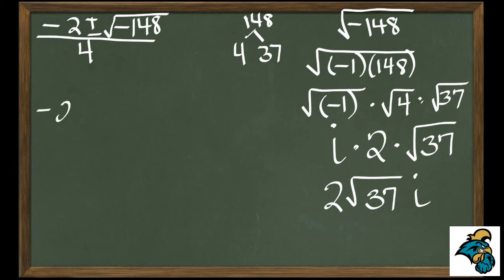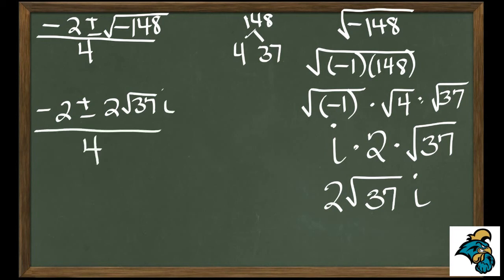And remember that i is not under the radical. So I'm going to go ahead over here and rewrite it. I simplified the square root of negative 148. So negative 2 plus or minus, I've rewritten that as 2 root 37 i. All of that divided by 4.